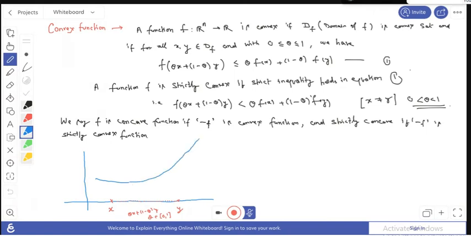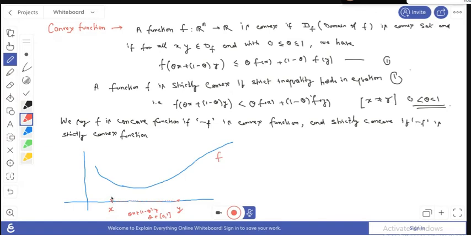Okay, so if we draw the image of that, suppose any function like this. Okay, so this is your function. Suppose we take this type of function which goes from here to R. So here, this is your function f.